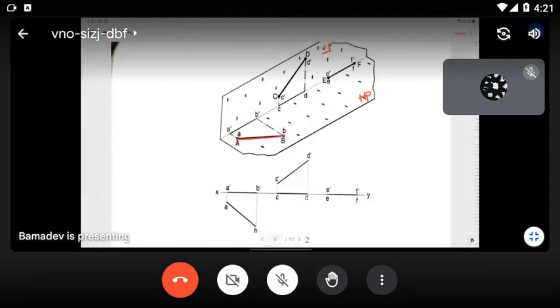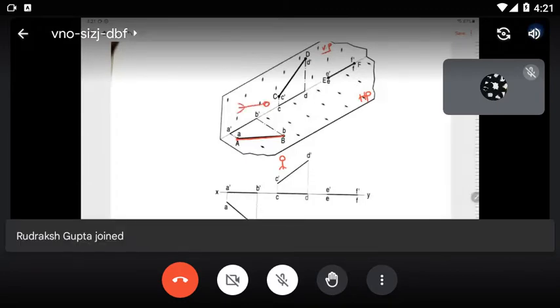You already know the principle of orthographic projection. This is a very fundamental question I am asking. You will stand here and see the straight line AB, and you will come here and see the straight line from the top.